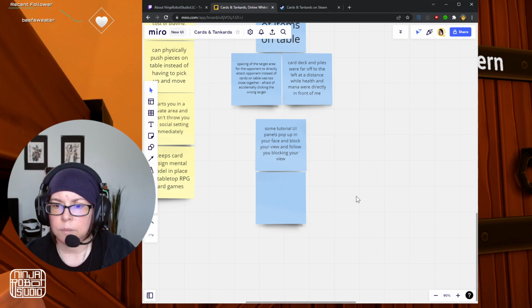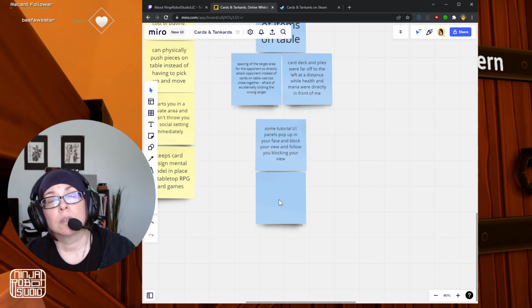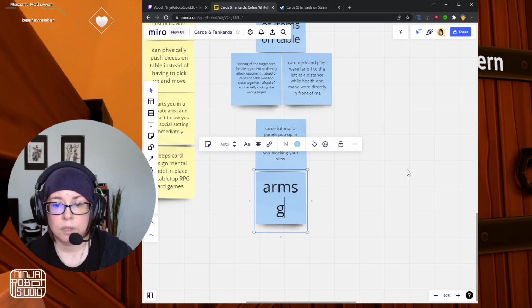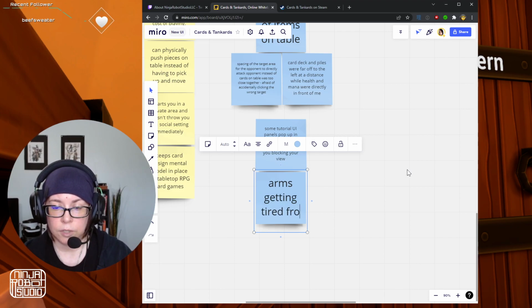Anyway, some tutorial UI panels pop up in your face. What was another thing? There was my arms getting tired from dealing with the watch interface.